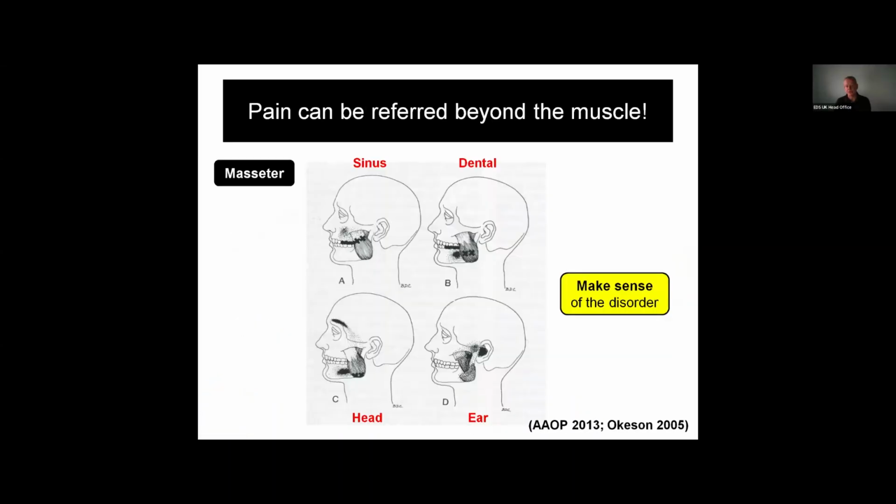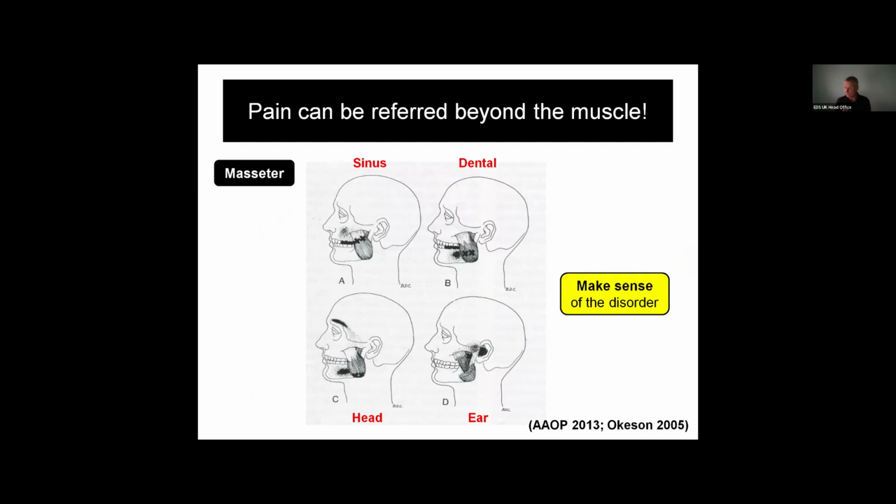So this is the referral pattern just from the masseter muscle. And you can see that from even just the masseter muscle, my patients will come in with sinus issues. They've been to ear, nose, and throat, and it's been ruled out that they've got a sinus problem.